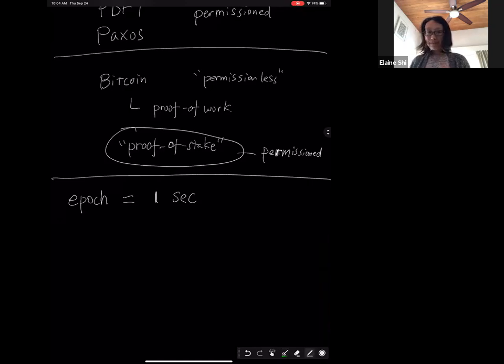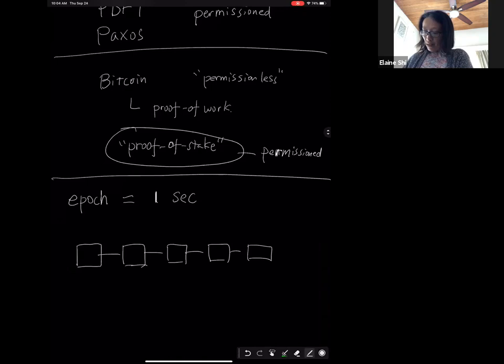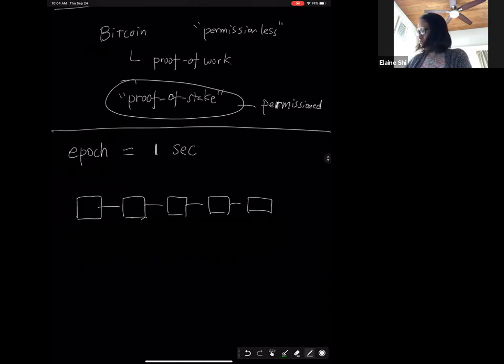And the blocks are going to be chained together using a hash chain, right? So throughout this lecture, we are going to assume, for instance, this is a blockchain. And if you look at each block, let's talk about the format of each block.